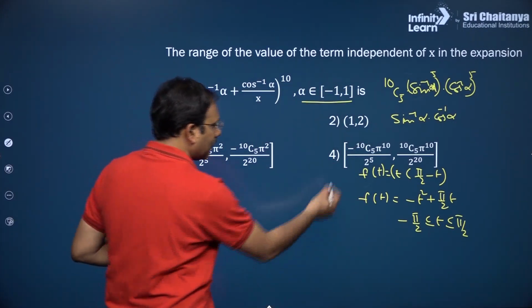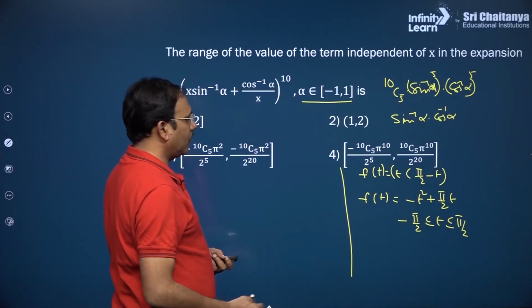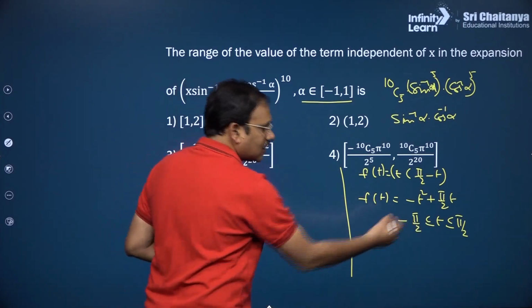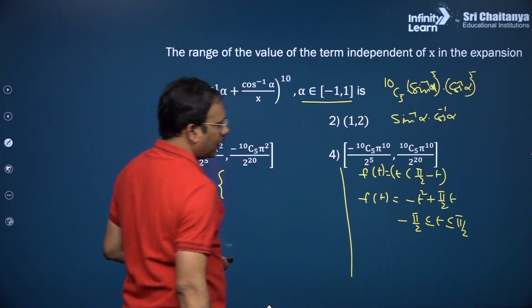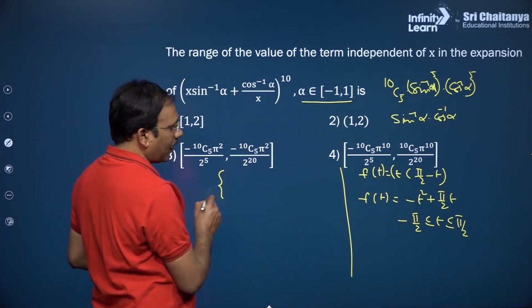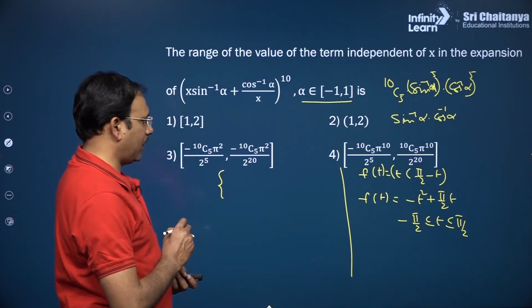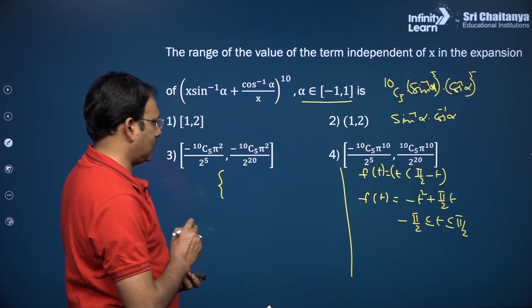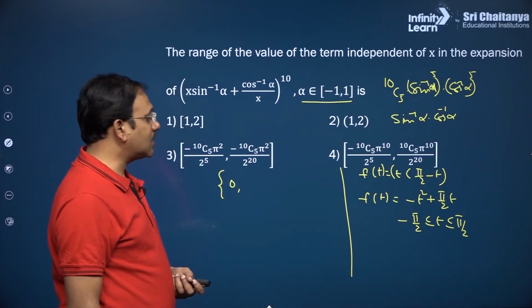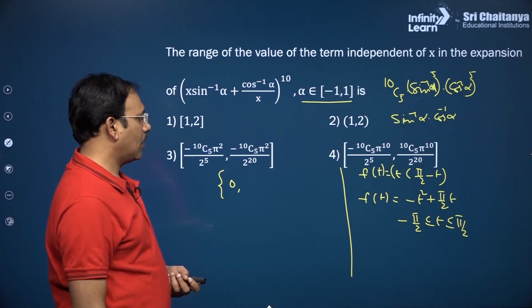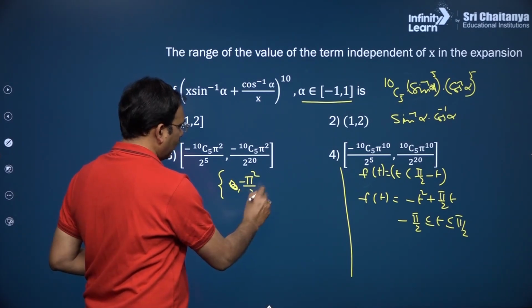How to find the range, my dear friends? So minus b by 2a will become pi by 4, which lies in this interval. So you have to take three values. f of minus pi by 2 you substitute, that is minus pi square by 4 minus pi square by 4, which will become minus pi square by 2 in fact.